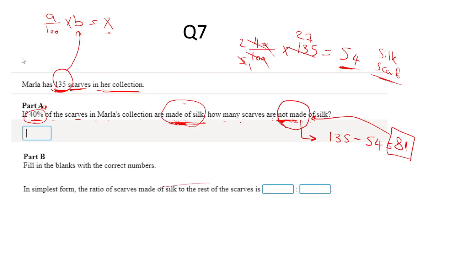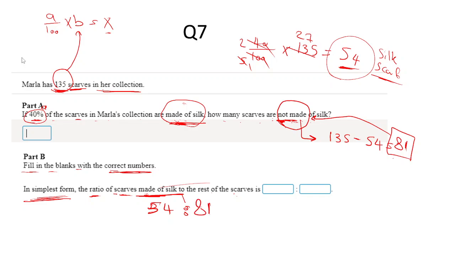Now part B. Fill in the blanks with the correct numbers in the simplest form. Again, same as previous questions. The ratio of scarves made of silk, which is 54, to the rest of the scarves, which is 81.